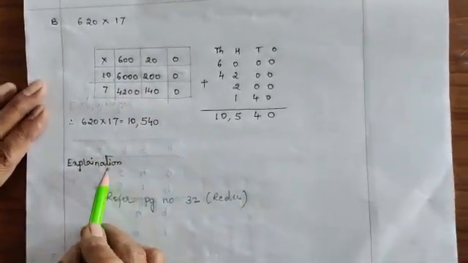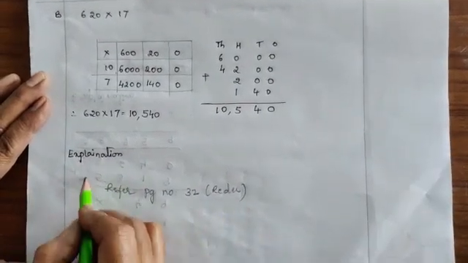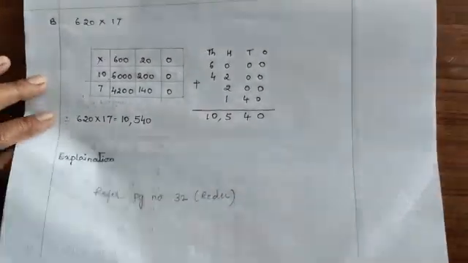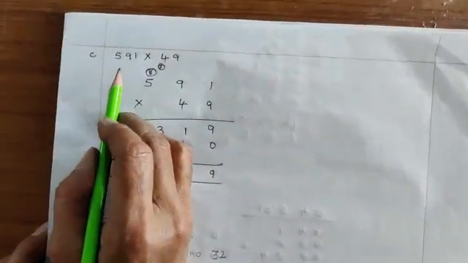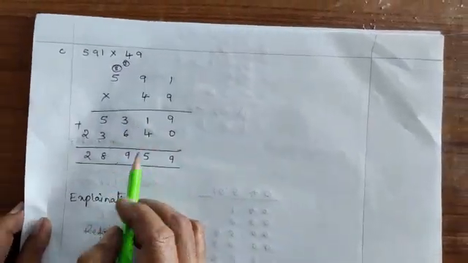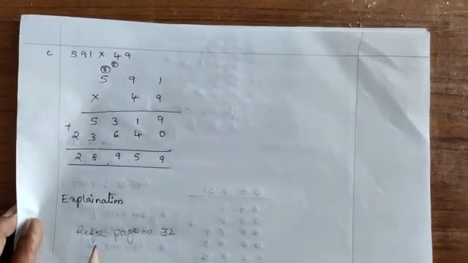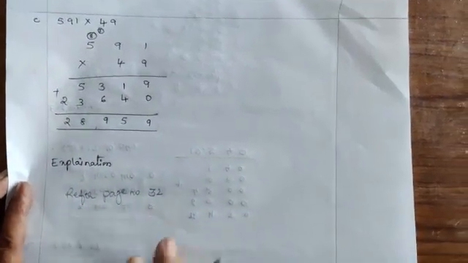For this also, for explanation, refer to page number 32 from the reader and write the steps. Next, C bit, 591 into 49. I used the column method. For this also, refer to page number 32.